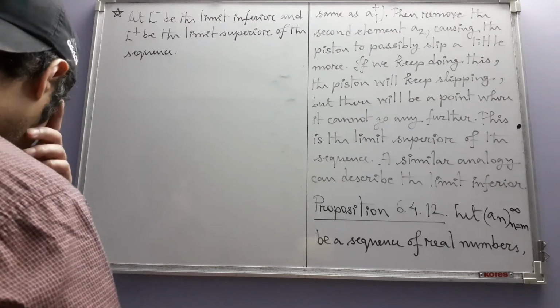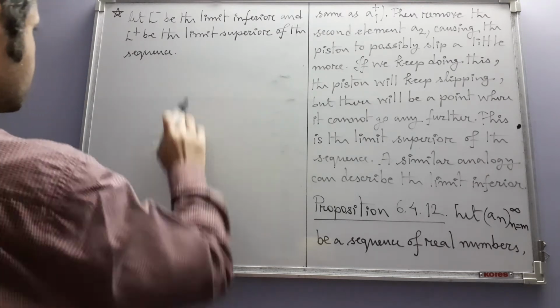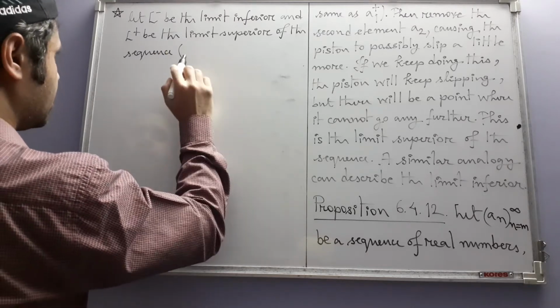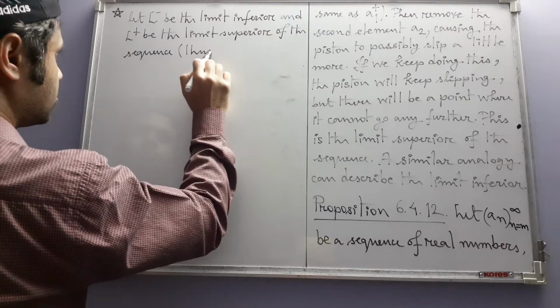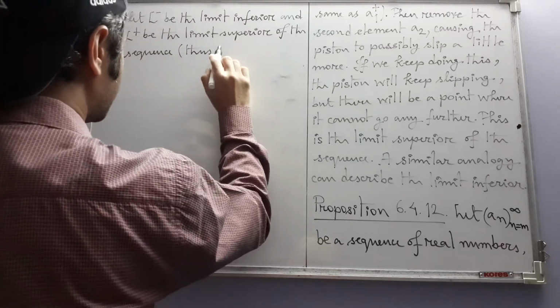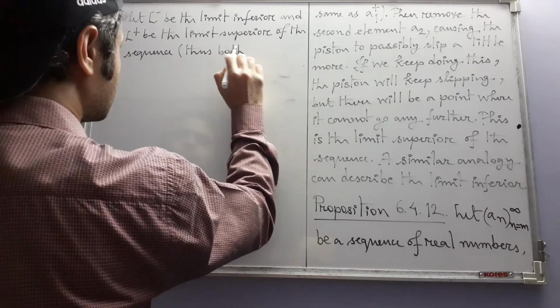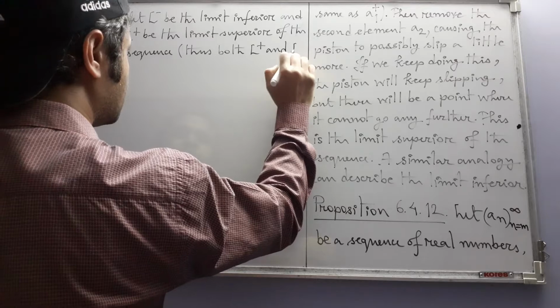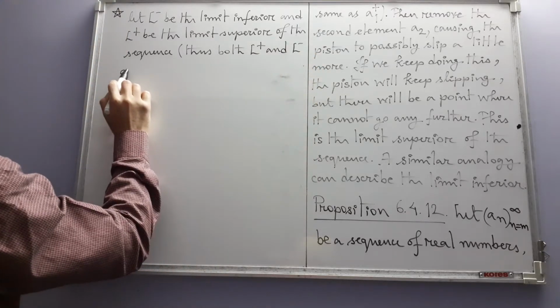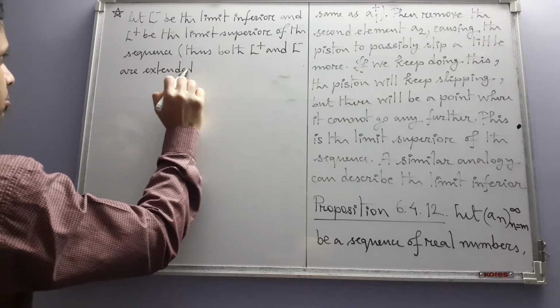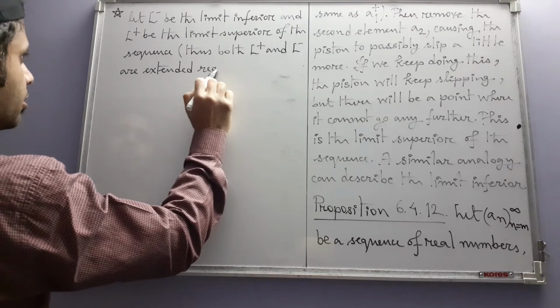Okay, just to remind us of what these things are, Tao writes thus: both L plus and L minus are extended real numbers.